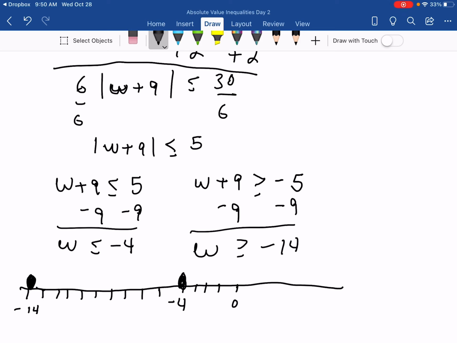That also gets a closed dot. Okay. So less than or equal to negative 4 goes left. Greater than or equal to negative 14 goes right.